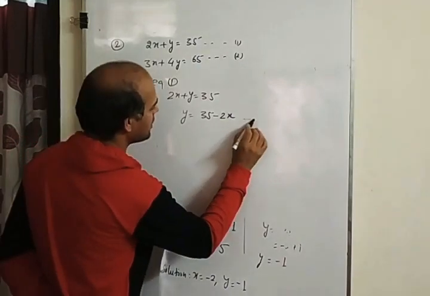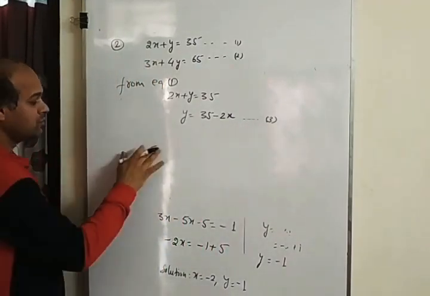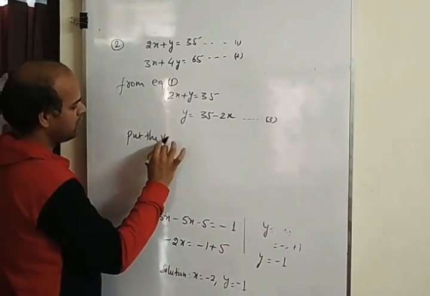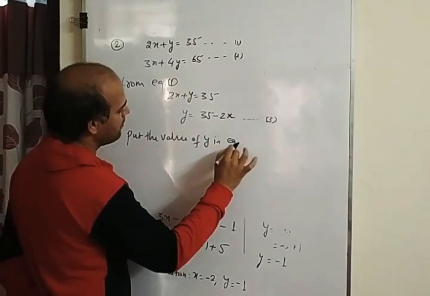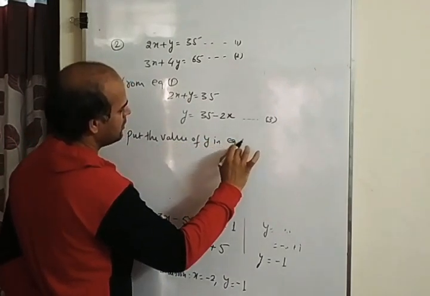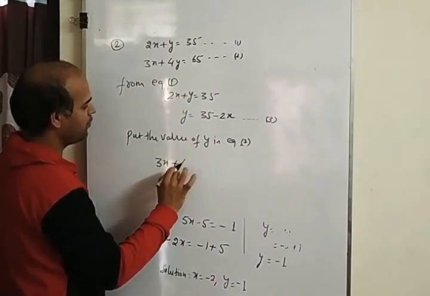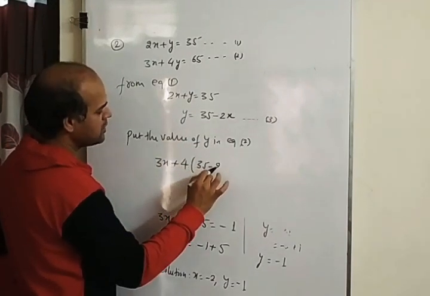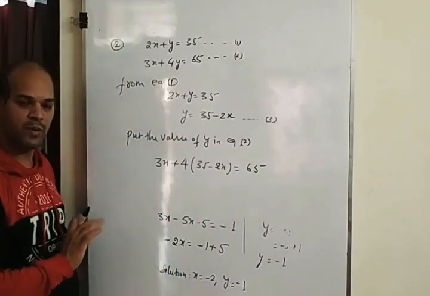I will call this equation 3. Now I want to put the value of y in equation number 2. So this is equation number 2. We'll write 3x plus 4, and in place of y we write 35 minus 2x, equals 65. Do you understand?